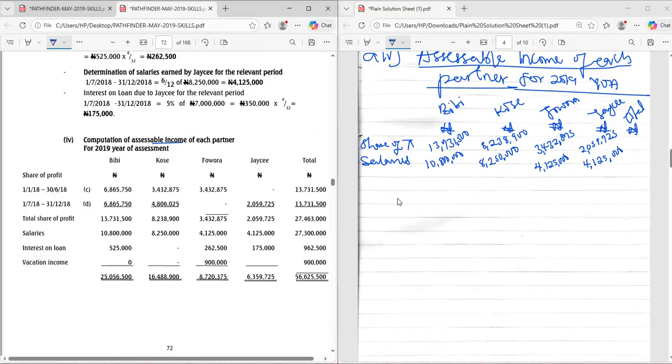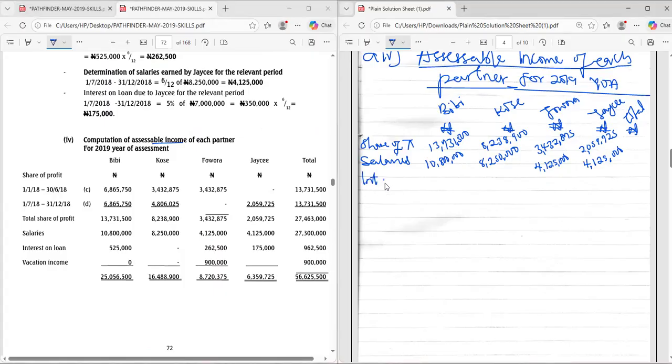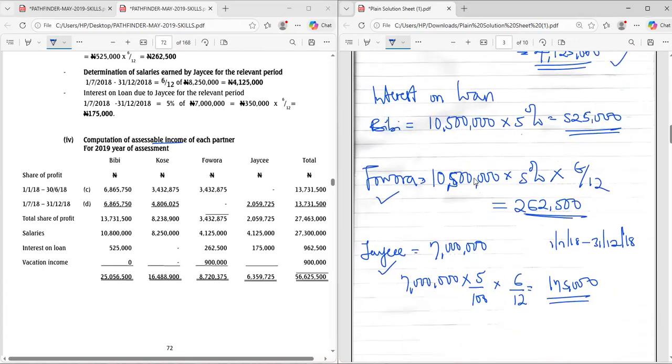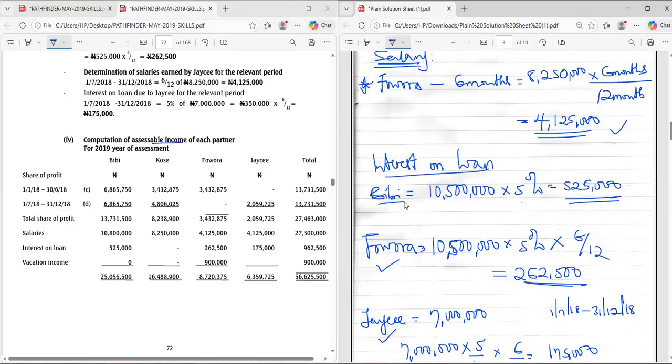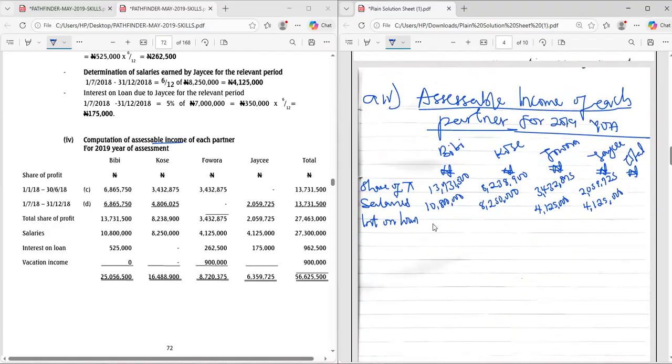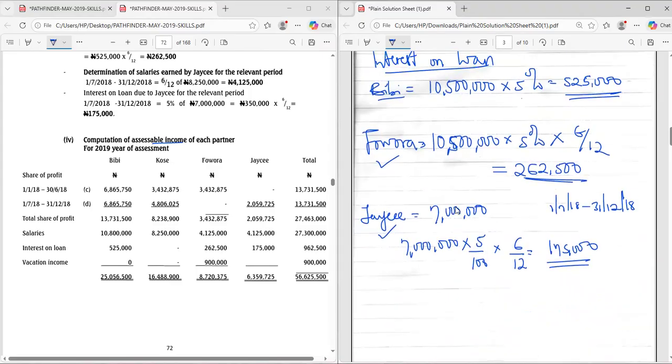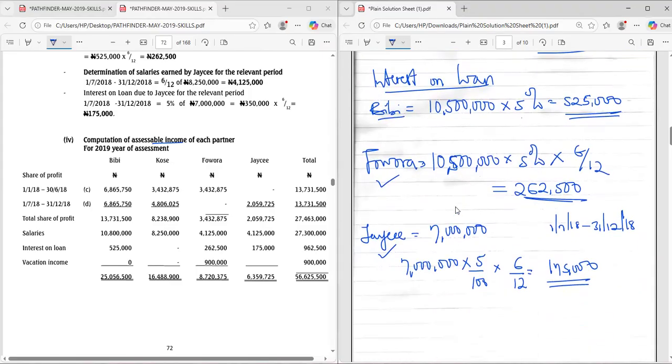Are we there? So we have interest on loan. We have done that one before now. Interest on loan. For BB is how much? 525,000. Kosho, there's nothing.